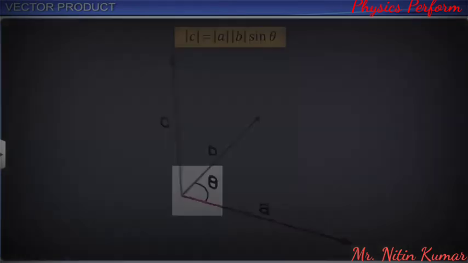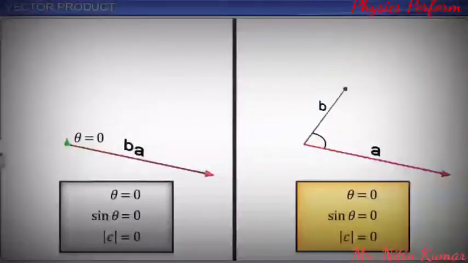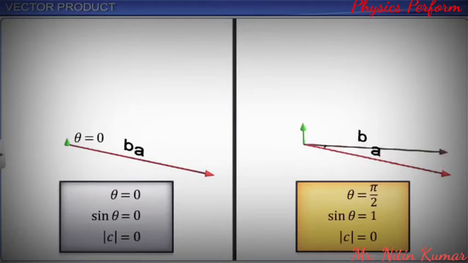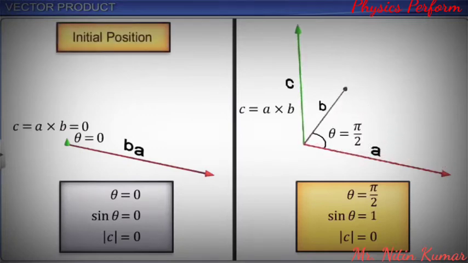When the value of theta changes from 0 to pi by 2, the value of sine theta changes from 0 to 1. And hence, the magnitude of a cross product changes from 0 to AB.